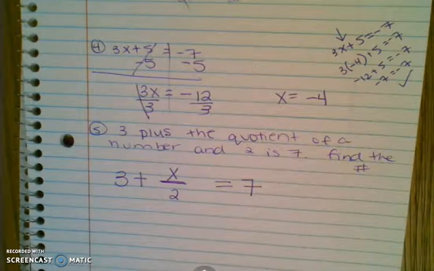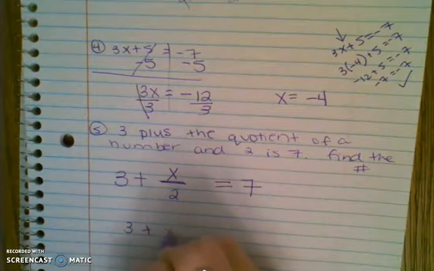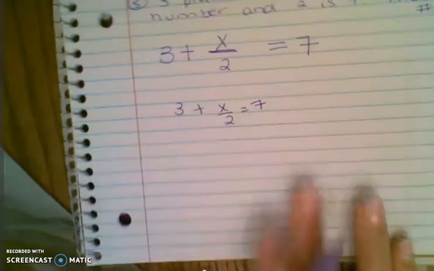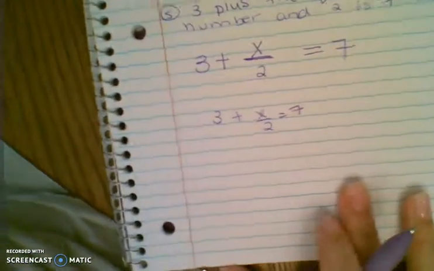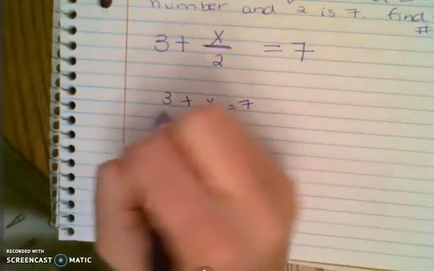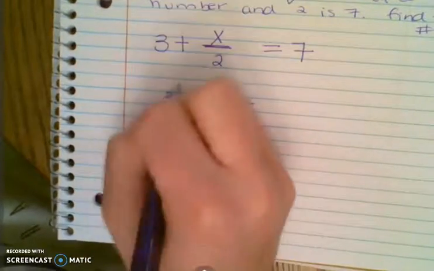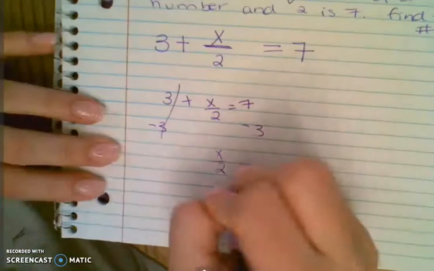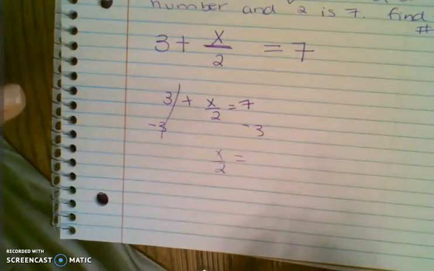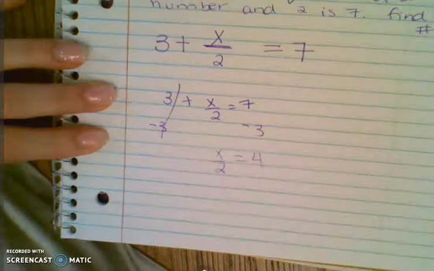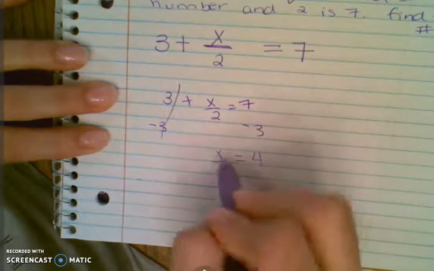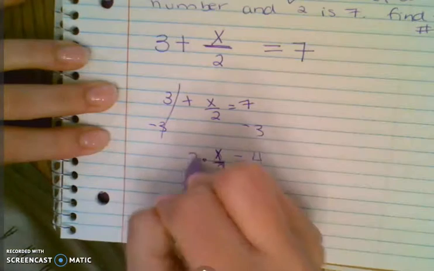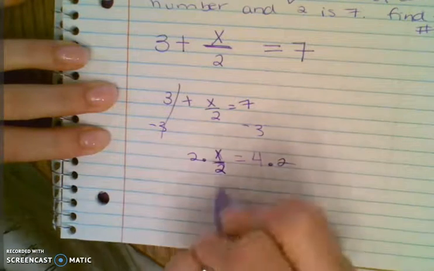Okay, then you had to solve it. So 3 plus x over 2 equals 7. So I have to subtract 3. X over 2 equals 7 minus 3, which is 4. And then this is x divided by 2, so I have to times 2 on both sides.